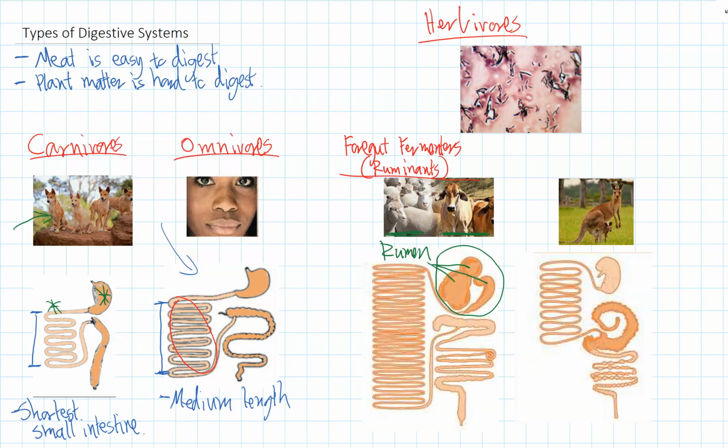So why this is important is because for a herbivore, they actually can't digest most of the plant material that they're eating. So if they eat grass, or if they eat leaves, or anything with wood in it, they actually can't digest it at all. And that's because of a special chemical that's called cellulose.